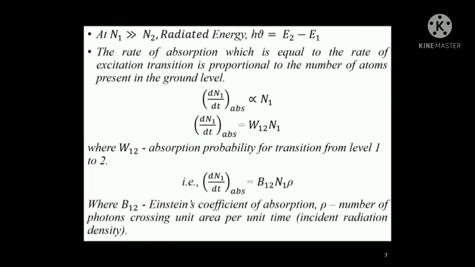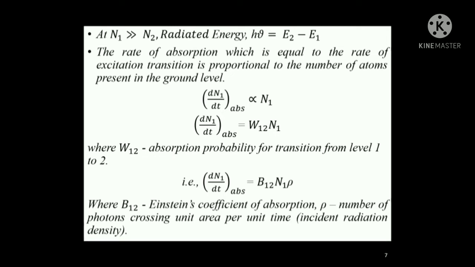At N1 very much greater than N2, radiated energy h nu equals E2 minus E1. The rate of absorption, which is equal to the rate of excitation transition, is proportional to the number of atoms present in the ground level. That is, dN1 by dt absorption is proportional to N1.